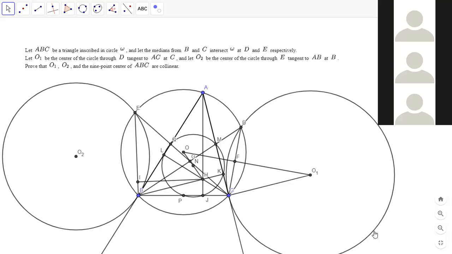So I have an idea. Let me think about this. I'm trying to use ideas on orthologic triangles. So you look at triangle HCO.